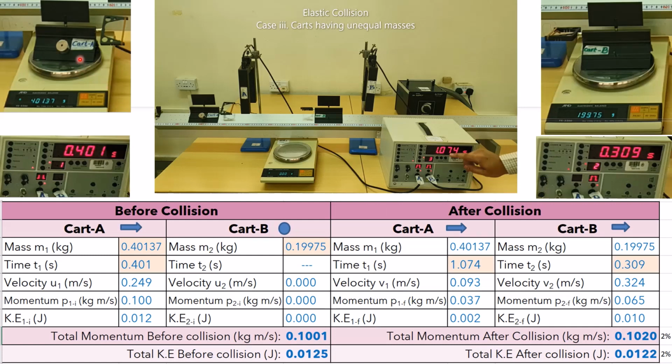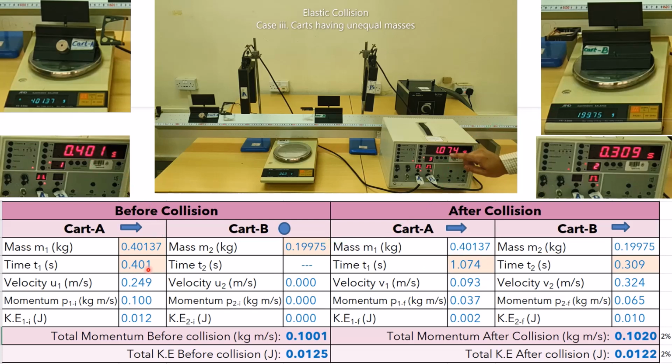In this case, the mass of cart A is 401.37 grams, that is 0.40137 kilograms, whereas the mass of cart B is the same. So let's enter the masses in the table, the same values after the collision also.